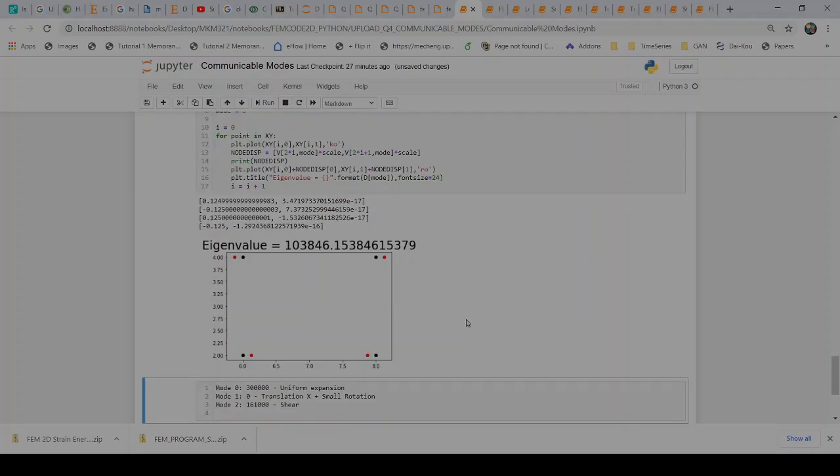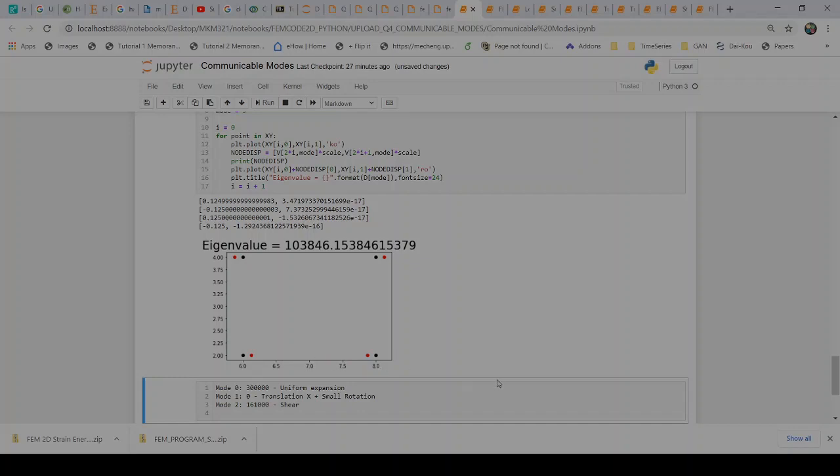Mode 3 looks to me like at the top it's expanding, at the bottom it's contracting. So it almost looks like a crude version, if I can put it like this, of bending, where at the top it's in tension, things are going out, at the bottom it's in compression.